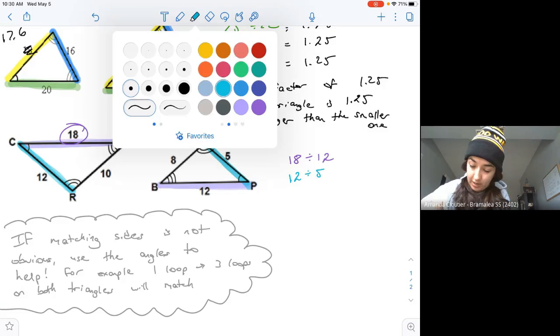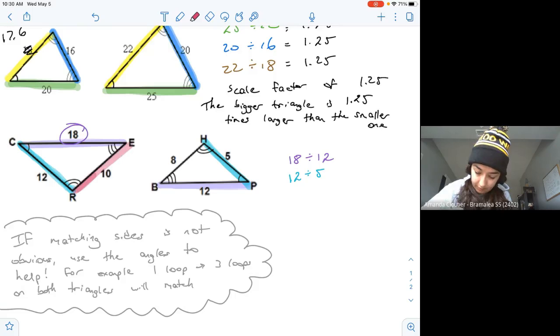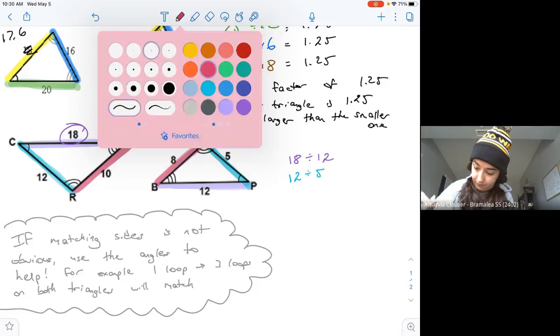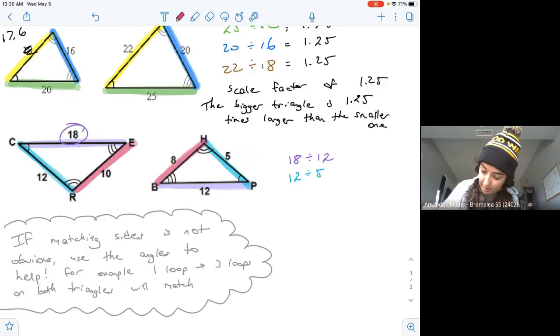Good. And so that is going to be 10 divided by 8.